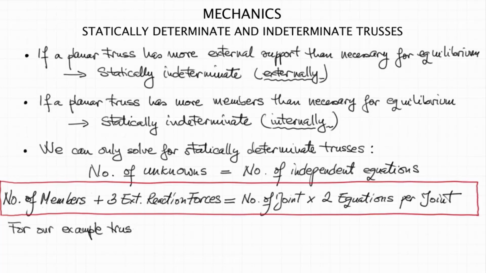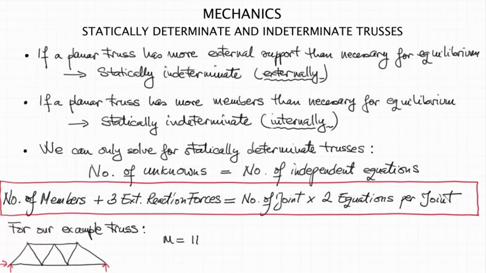And we can see how we can apply this equation in the truss that we analyzed in the previous lecture using the method of joints. That was a Warren truss with some externally applied forces, but what is important is our unknowns, the 3 external reaction forces.